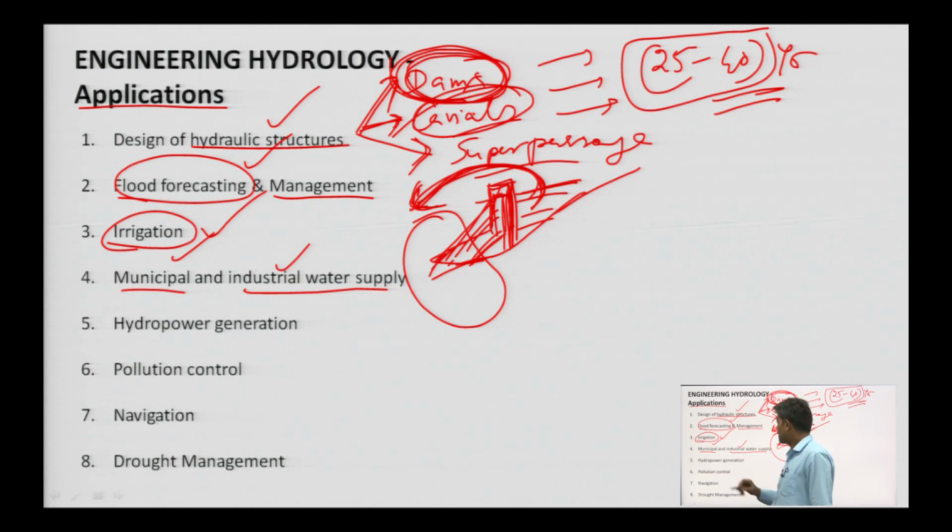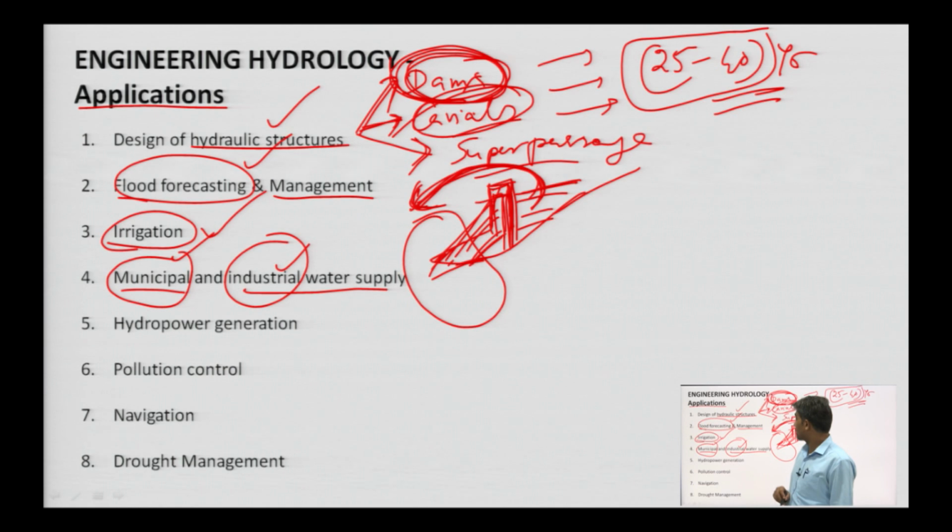The requirement of water for the municipality and for industry is based on water requirement, which is known to us, but from where that requirement will be completed comes from hydrology.